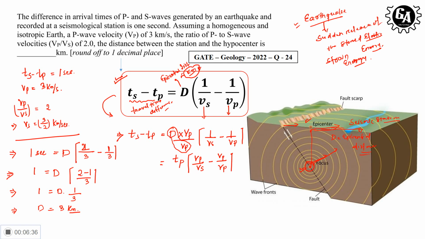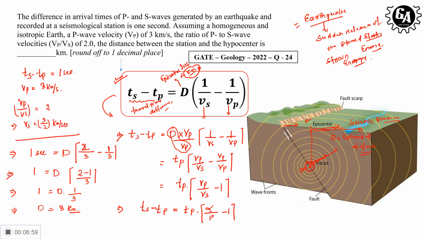So this becomes tp times vp by vs minus 1, and ts minus tp is equal to tp times alpha by beta minus 1, if the velocity of p wave is alpha and velocity of s wave is beta.